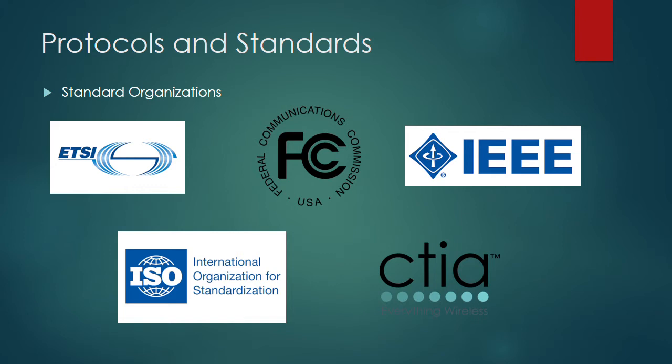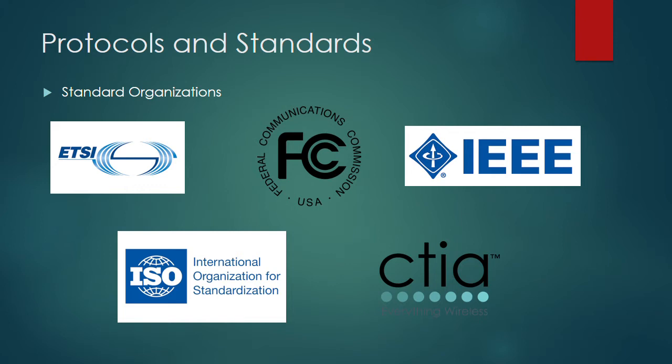ETSI is the European Telecommunications Standards Institute. It works in Europe and has product standard specifications for various broadband wireless access technologies. And the International Organization for Standardization, we call that ISO. ISO provides us the ISO OSI model. The model name is OSI, but the organization is ISO.